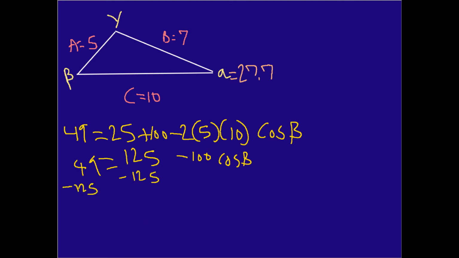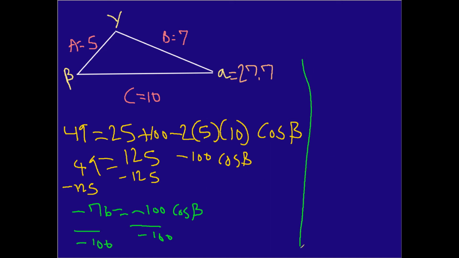And so that leaves us, I'll just help you out here, with negative 76 equals negative 100 times cosine of beta. And so then we divide both sides by negative 100. And so let me just put some space here so we don't get lost. Oh, that's not right.